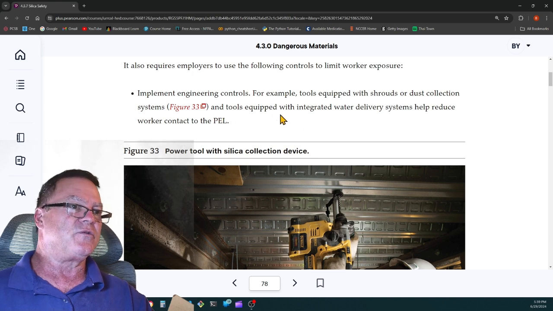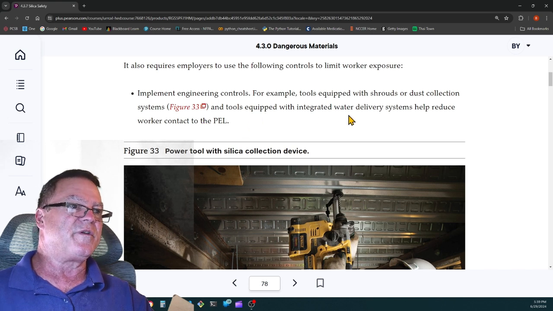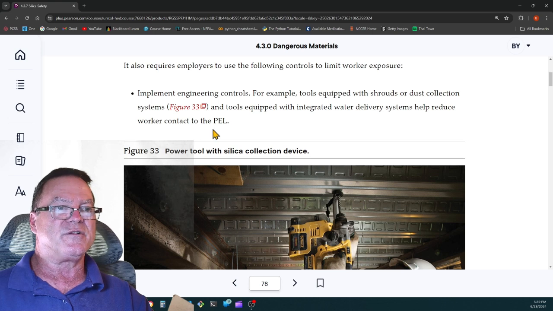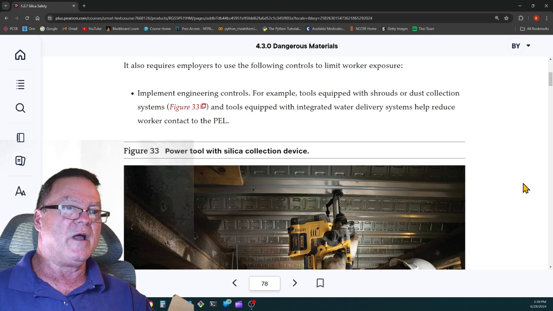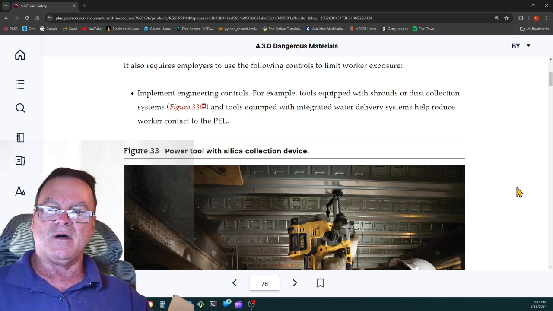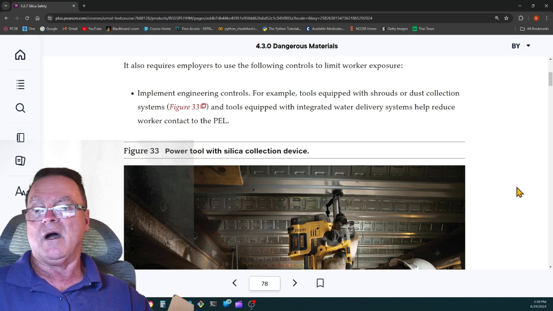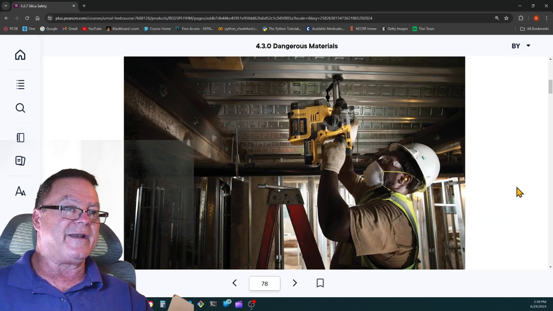Implement engineering controls, for example, tools equipped with shrouds or dust collection systems and tools equipped with integrated water delivery systems help reduce worker contact to the permissible exposure level. So you can do wet work. You just have a trickle of water on the blade of that saw and it turns that silica dust into liquid concrete, and it's no longer airborne, so you're not going to inhale it.